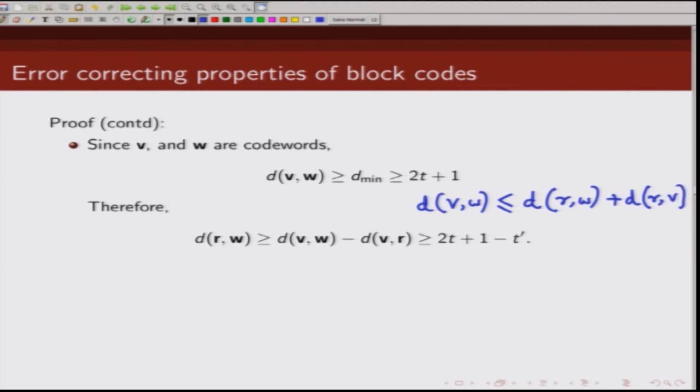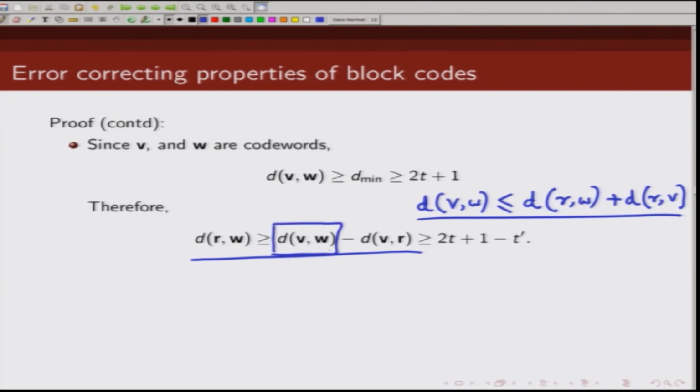Now, we can bring this here and we can bring this here, and we can write this relation in this particular form. Now, what is this quantity?